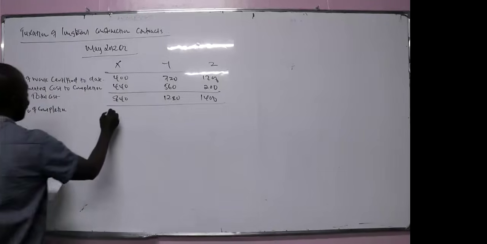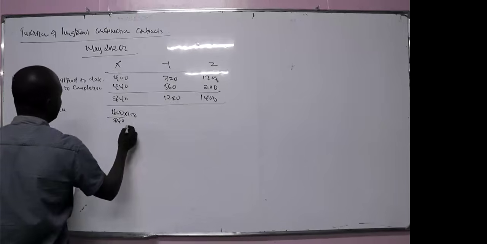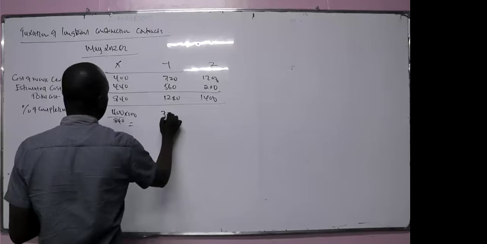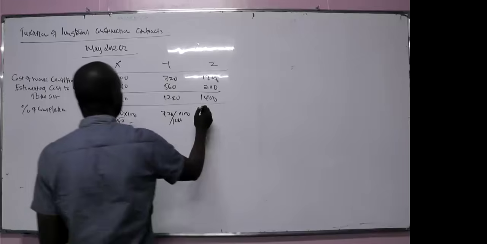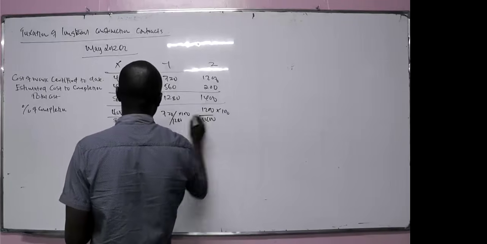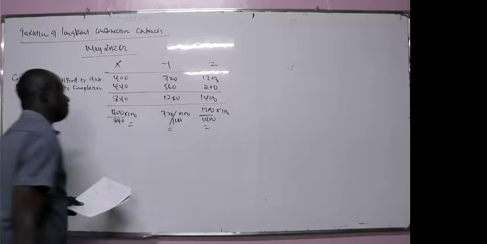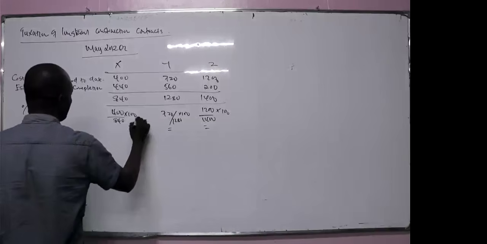Here it is going to be 400 over 840 times 100. This one is going to be 720 over 1280 times 100. This is going to be 1200 over 1400 times 100. So the first one, how much do you get? 47 point. So this one is going to be 48%.